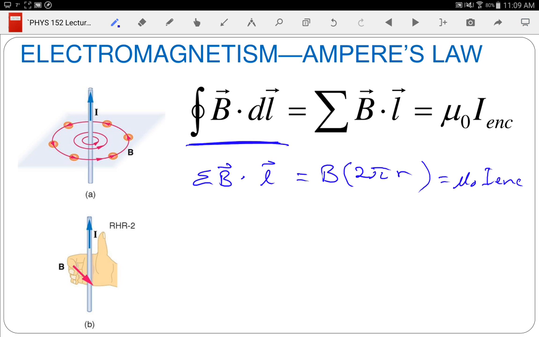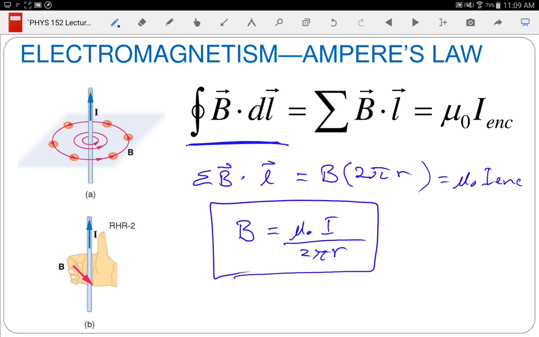And that leaves us, with no real work, the magnetic field created by a wire: B equals mu naught times the current of the wire over 2 pi r. So Ampere's law instantly gives us the very simple result for the magnetic field created by current going through a wire. Now, of course, Ampere had to derive this law, and that's not so simple. And we didn't derive it here.